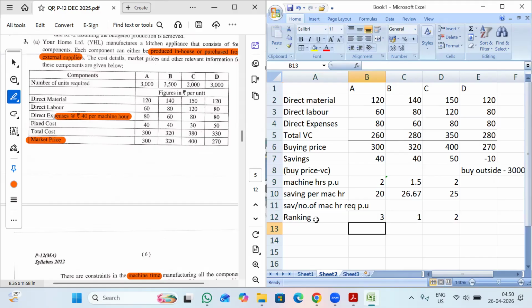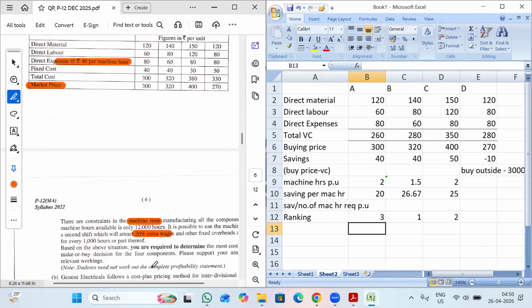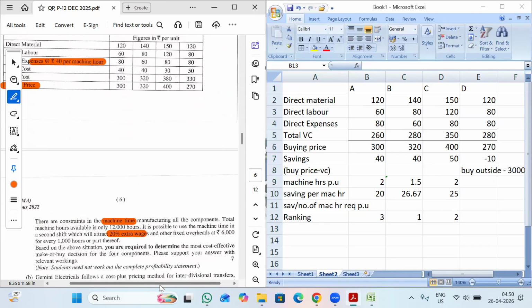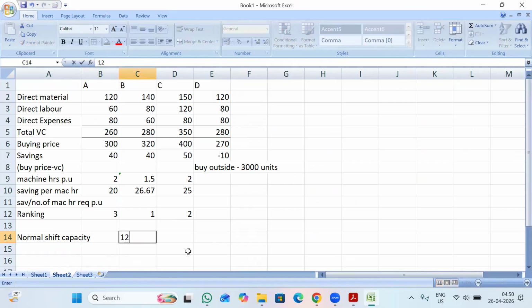First, I need to calculate how many machine hours are available, so I want to know the normal capacity. Here they have given machine hours: total machine hours available is 12,000 hours, so normal shift capacity is 12,000 hours.